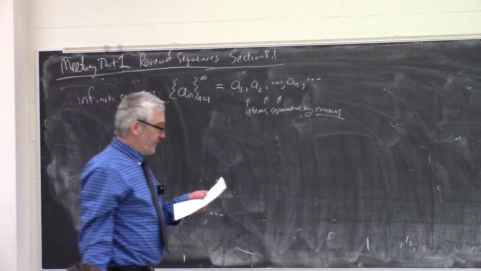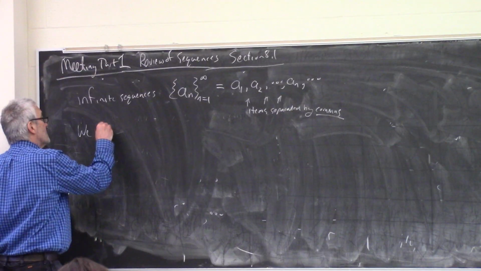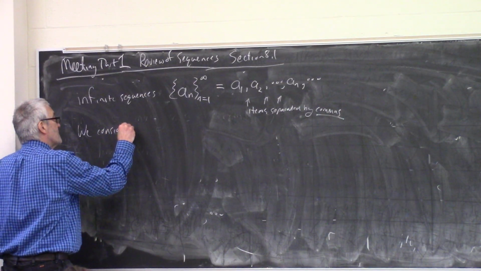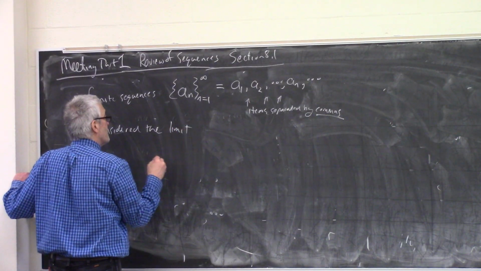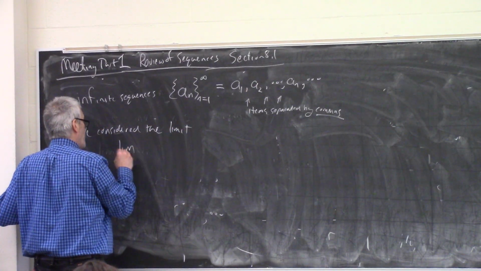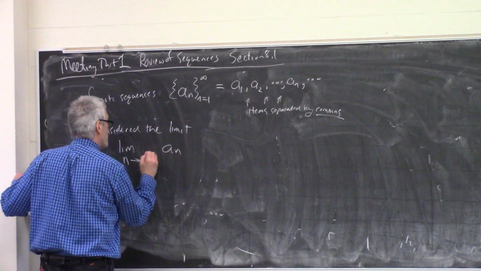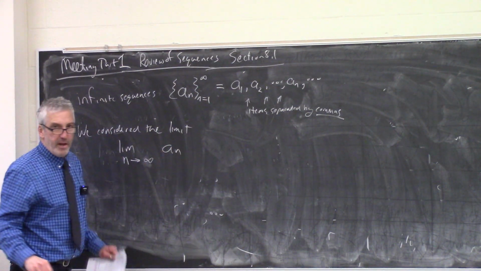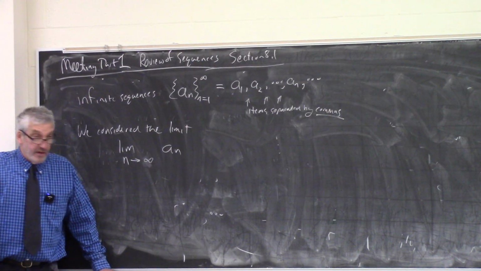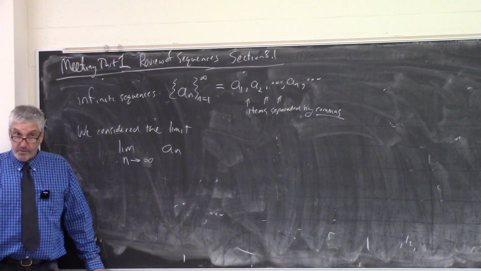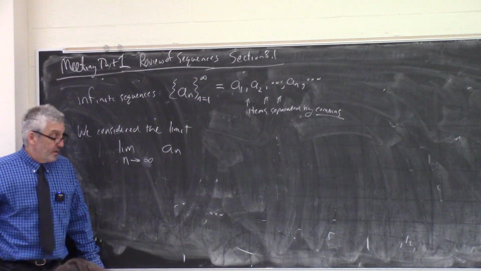Now, we considered this limit as n goes to infinity of a_n. This limit may or may not exist. So it's just the limit of the things on the list. If the limit exists and is a real number, we say that the sequence converges, and converges to that real number.